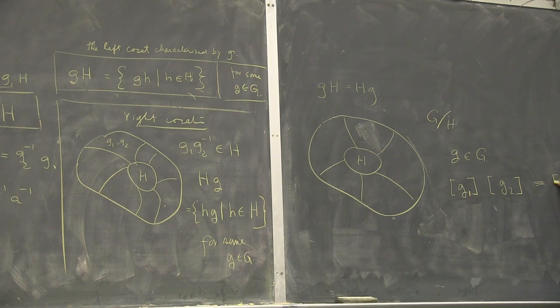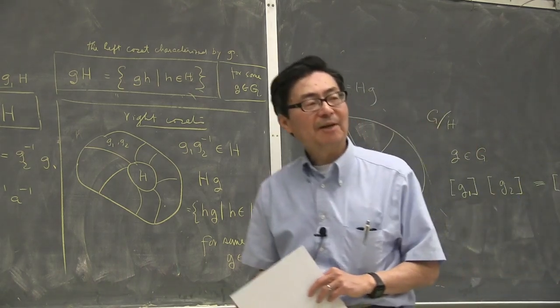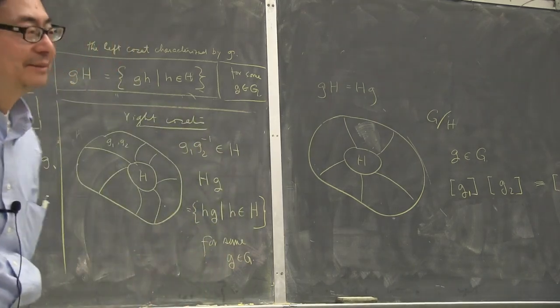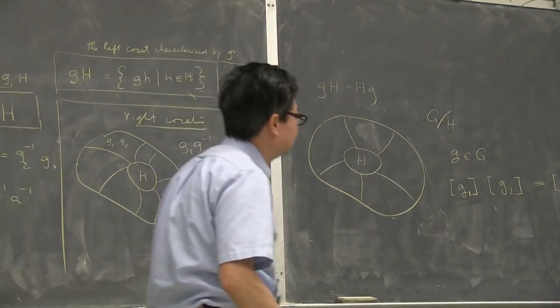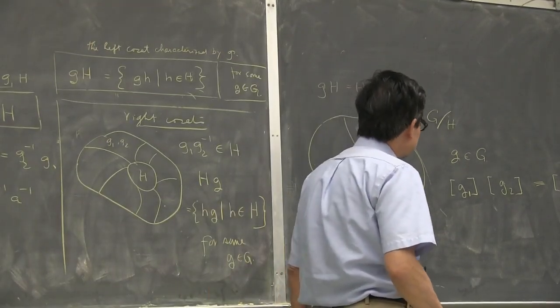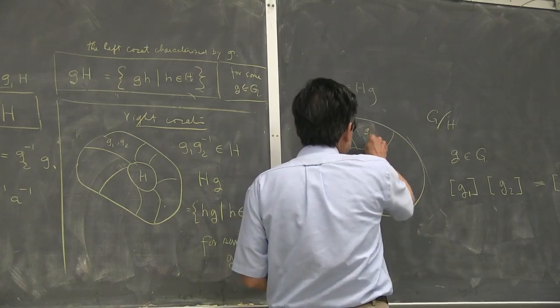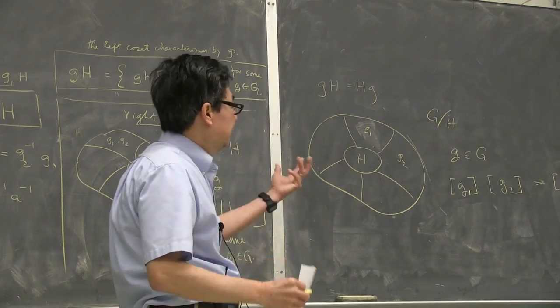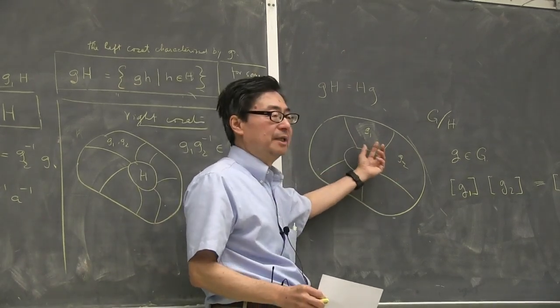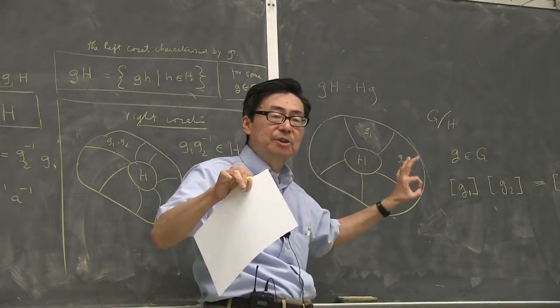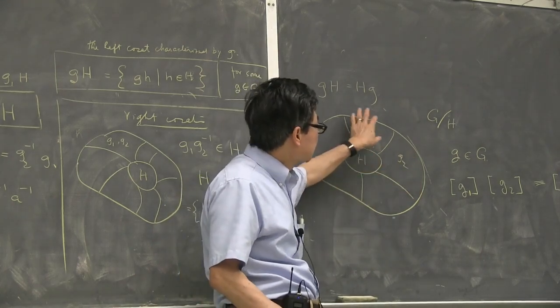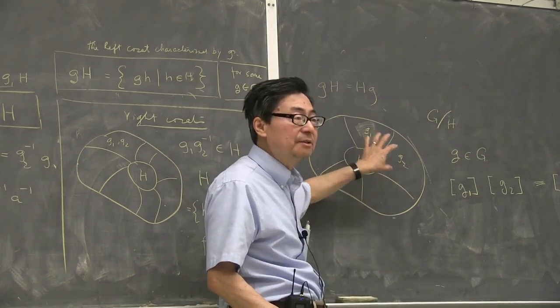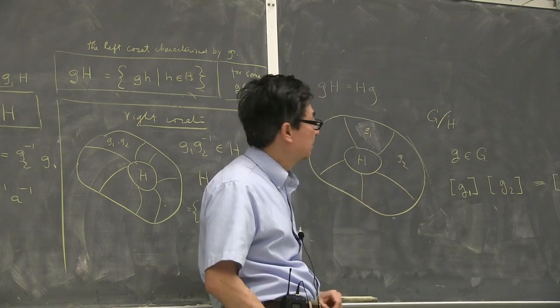Which one? This is a multiplication rule. Do you see how it works? Okay. So let's say there's g1 here, there's g2 here. Let's say we take the case where g1 and g2 belong to two different cosets, but g1 serves to represent the whole coset here, and g2 serves to represent the whole coset here.